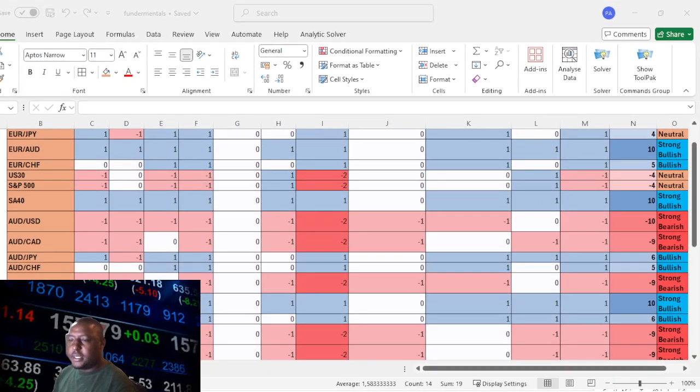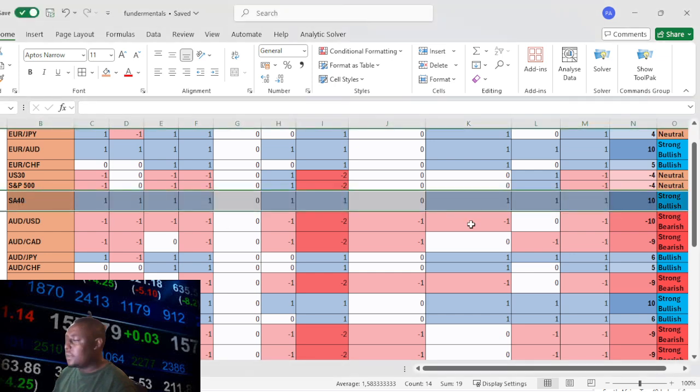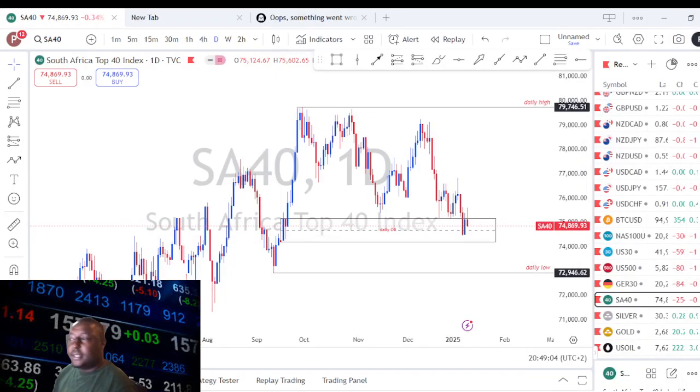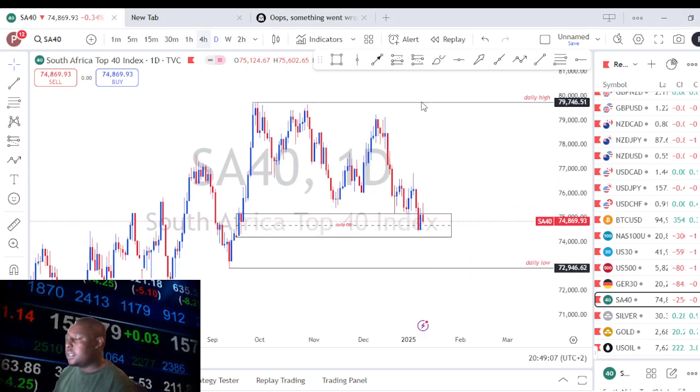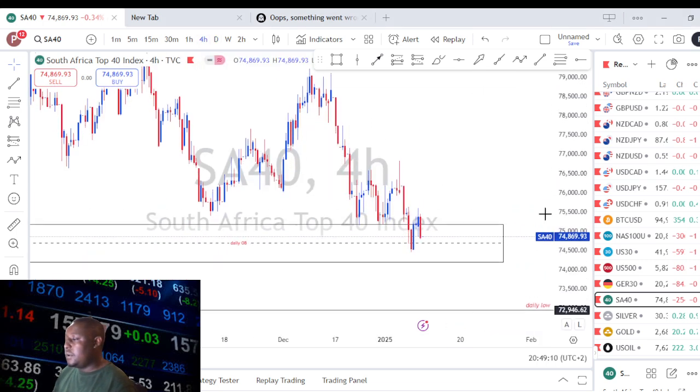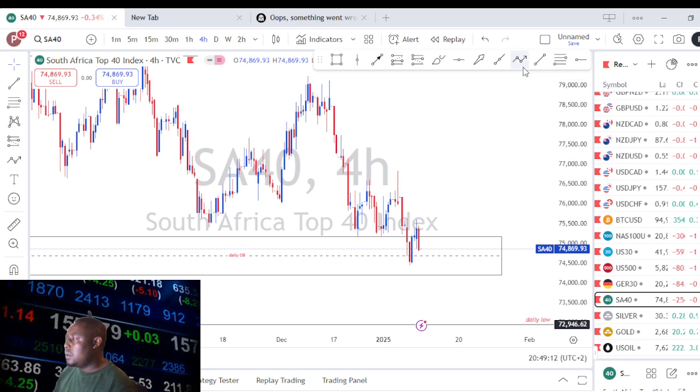If you're looking at JSE Top 40 closely, you can see that we have a plus 10, which is very, very strong. So then the Johannesburg Stock Exchange, and then I'm going to look for long. I'm closely looking for longs coming from tomorrow.